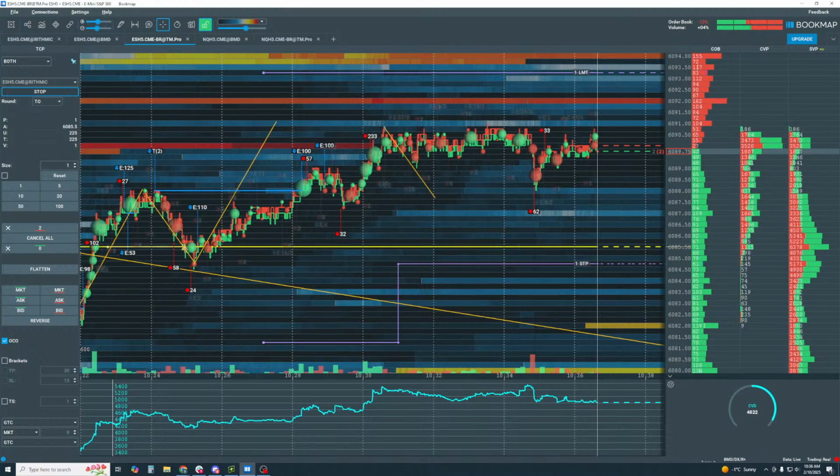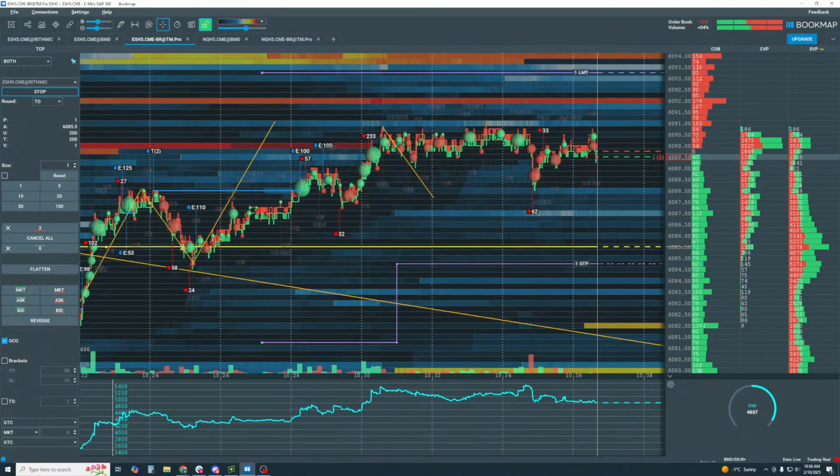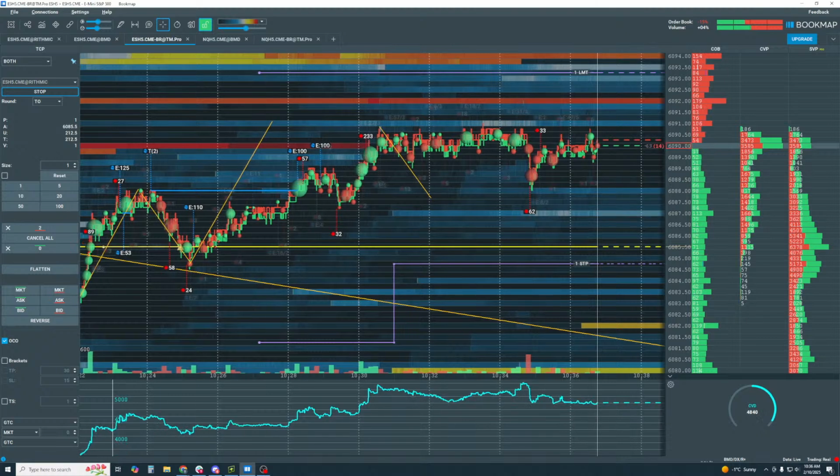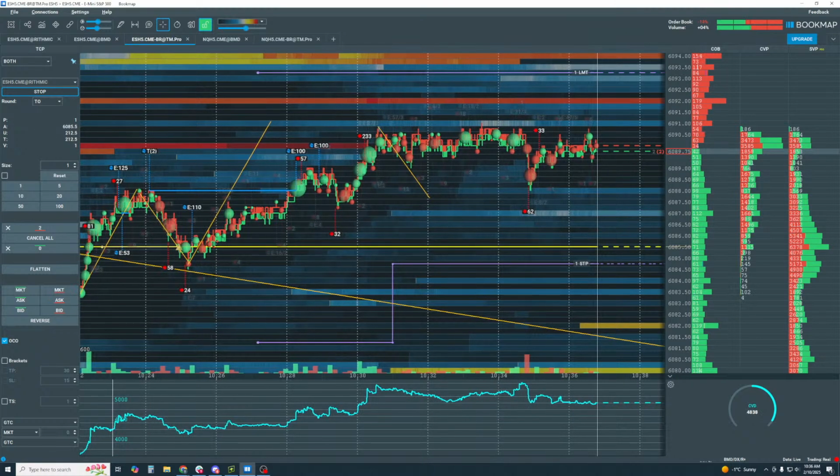You often see what you think is absorption, but there's no passive liquidity on the chart. It might be an iceberg.